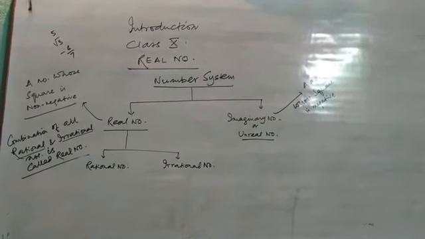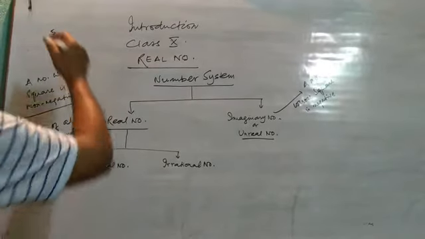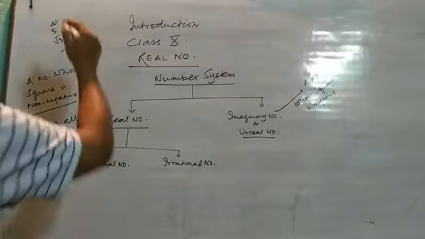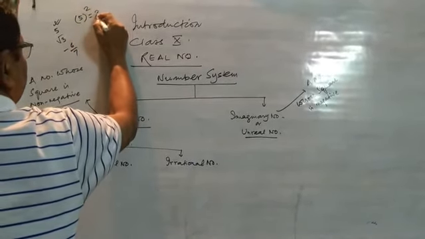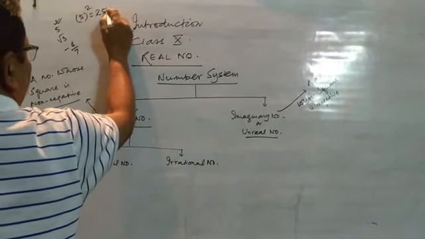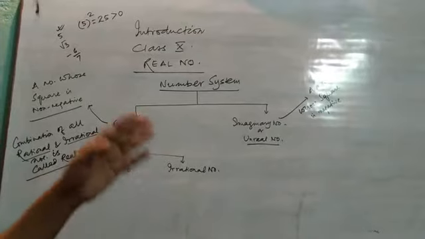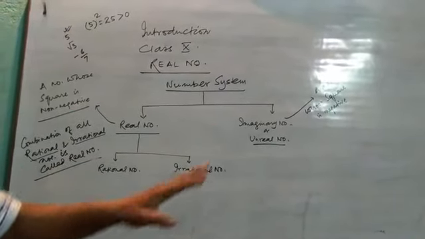What we will do? We will just take the square of that number. If we want to check whether 5 is real or not, we will do 5 square. That will give us 25, and obviously 25 is greater than 0. That means 25 is positive. Therefore, 5 is a real number.